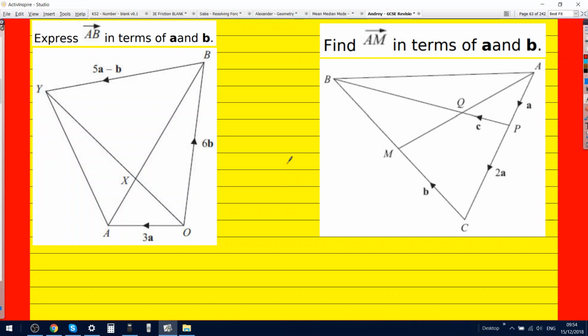Let's see. Okay, let's say the one on the right. I think it's like 3A plus B.